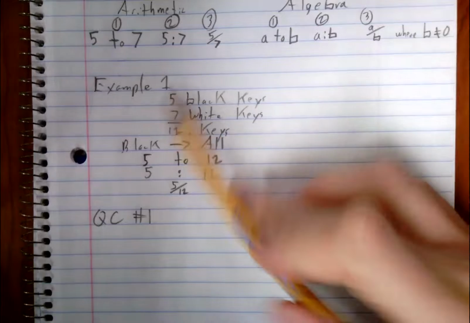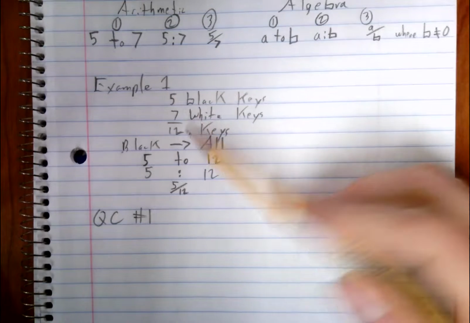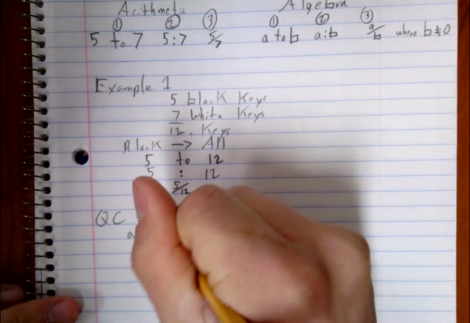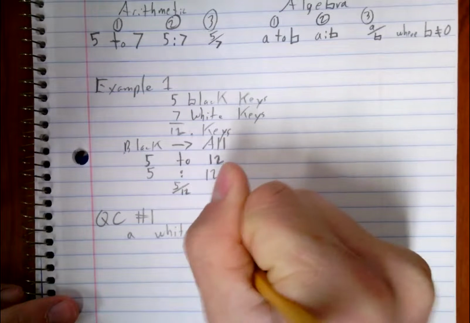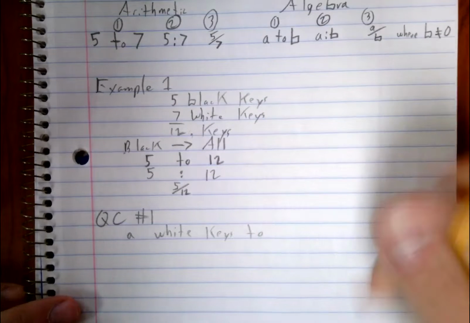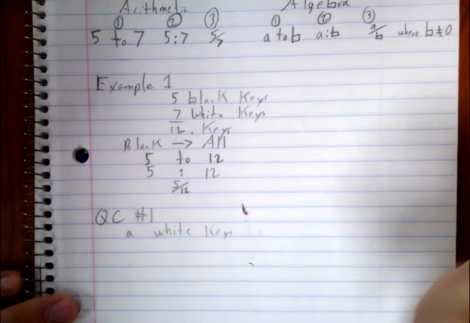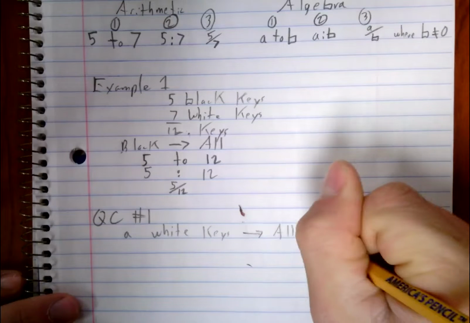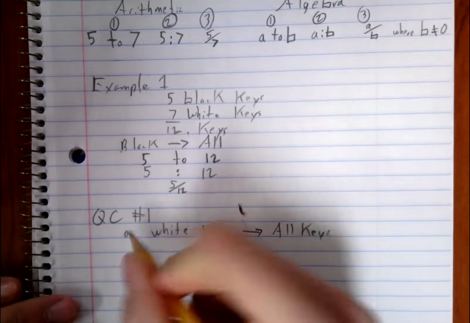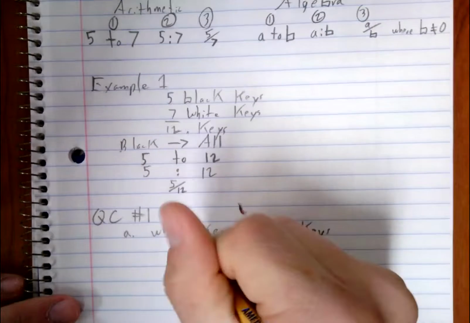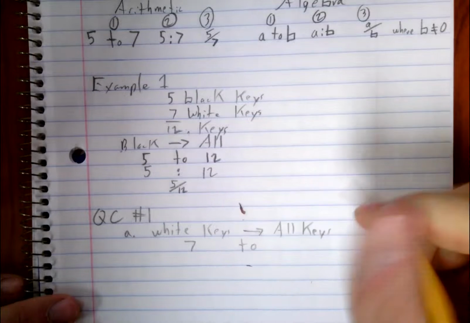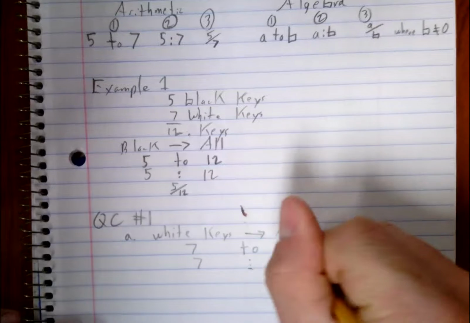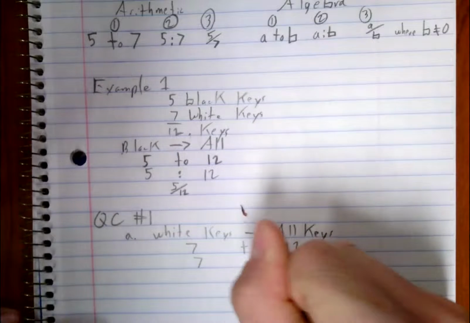So we're going to use the same pattern as up here. So the first one is white keys to all keys. Okay. So we know that we have 7 white keys. So the first way is 7 to 12. Then 7 colon 12 and 7 divided by 12.